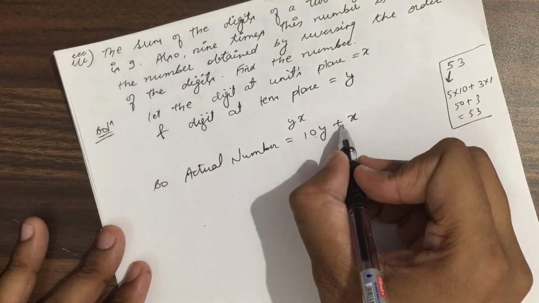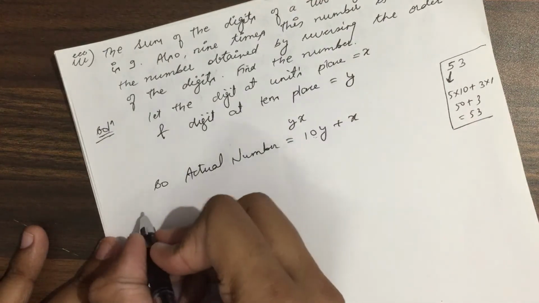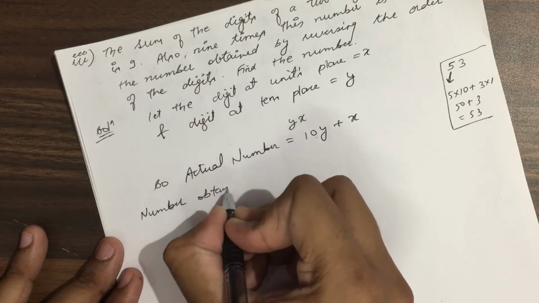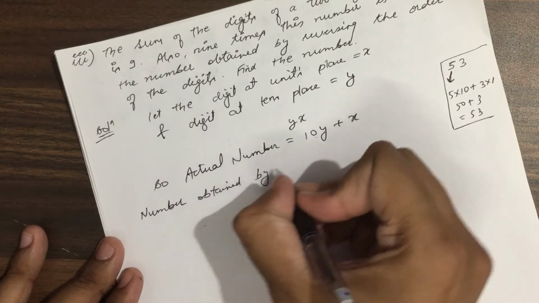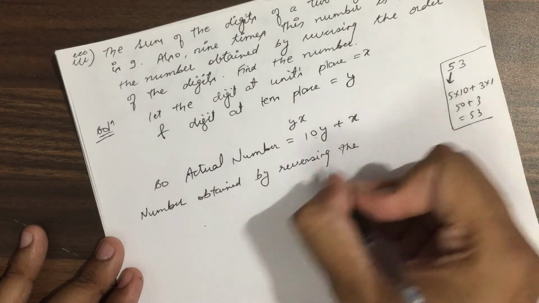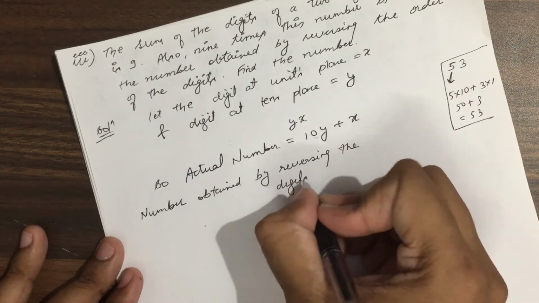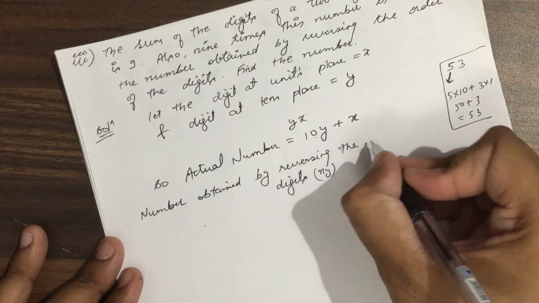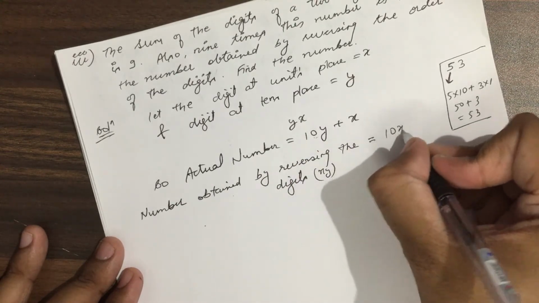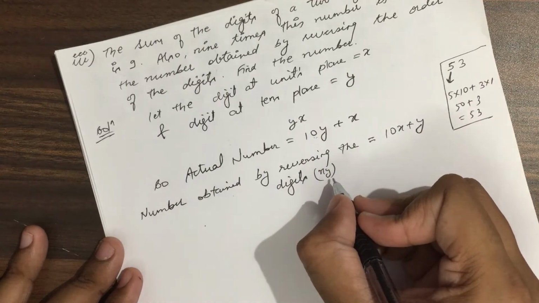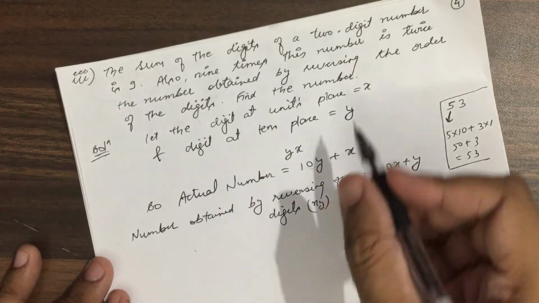So number will be 10y plus x, and number obtained by reversing the digits. Means here number was yx, here it will be xy. So we can write it as 10x plus y because x is at 10's place and y is at 1's place. Now read the question.